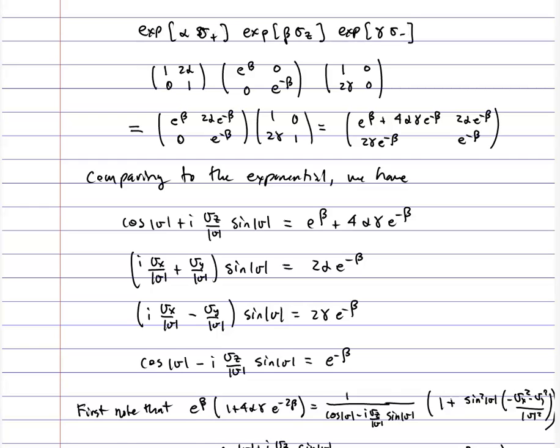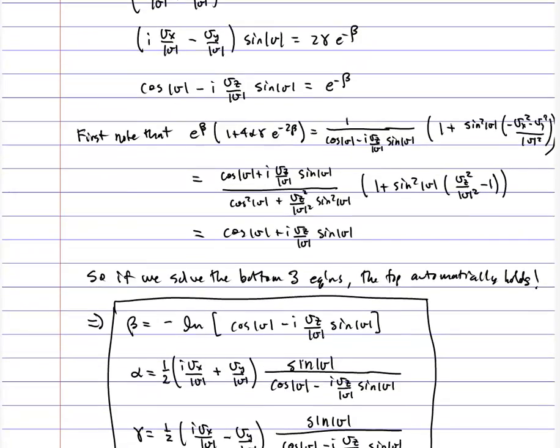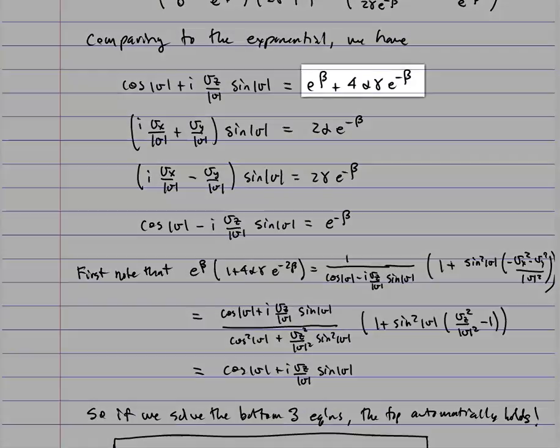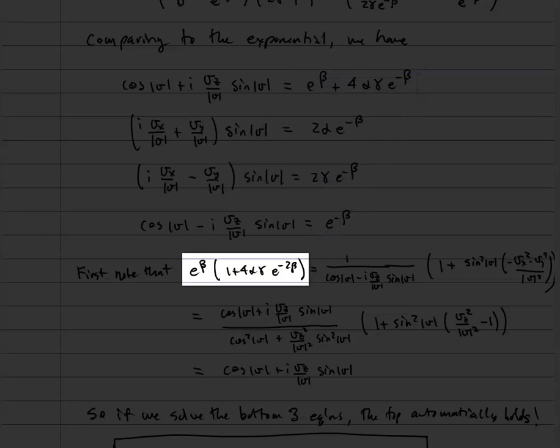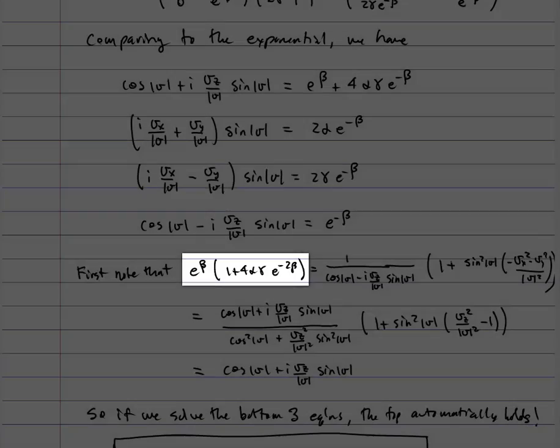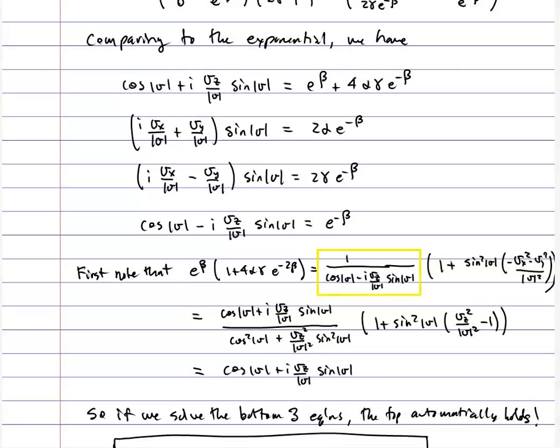Note that e to the beta plus 4 alpha gamma e to the minus beta can be written as e to the beta times 1 plus 4 alpha gamma e to the minus 2 beta. Let's plug in. E to the beta is 1 over e to the minus beta, so that's 1 over cosine v minus i vz over v sine v, multiplied by 1 plus 4 alpha gamma e to the minus 2 beta.